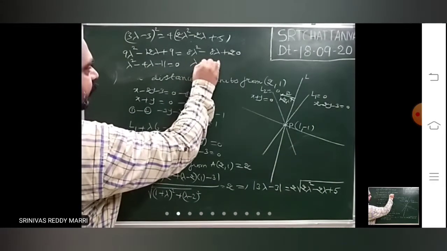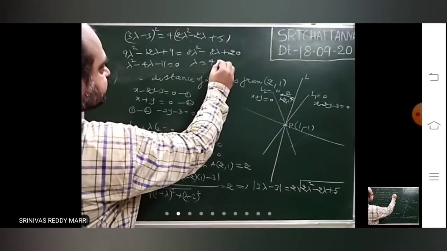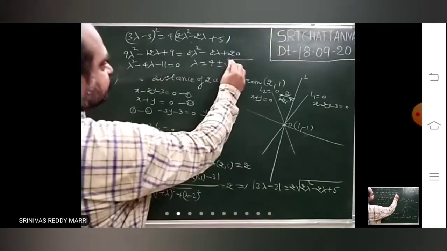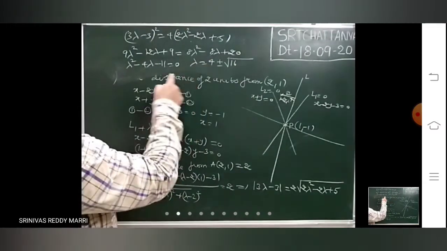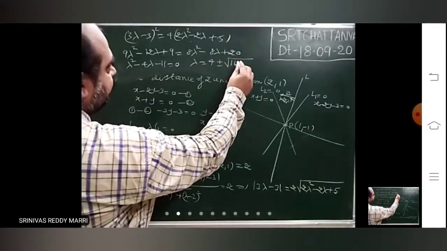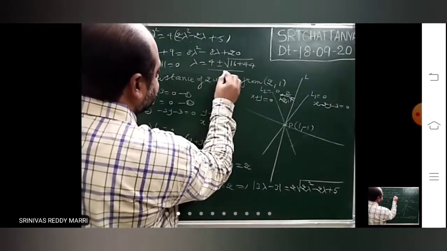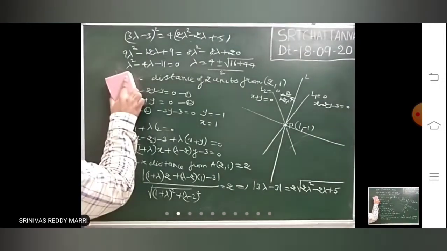Solving for lambda, there will be no factor, so solve like this: lambda equal to minus b plus or minus root of b square minus 4ac, divided by 2. Lambda has 2 values.